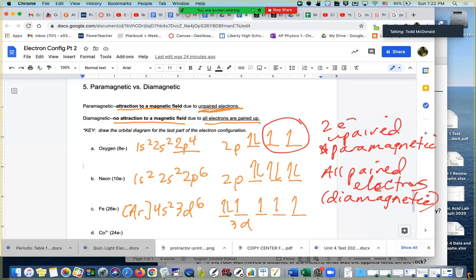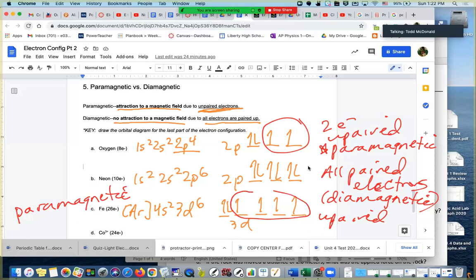So, hey, do we have unpaired electrons? Absolutely. If we look closely here, these are all unpaired, and therefore we would call this paramagnetic. What does that mean? That means iron has some very strong magnetic properties because of these unpaired electrons. And we'll show you that a little bit in class.